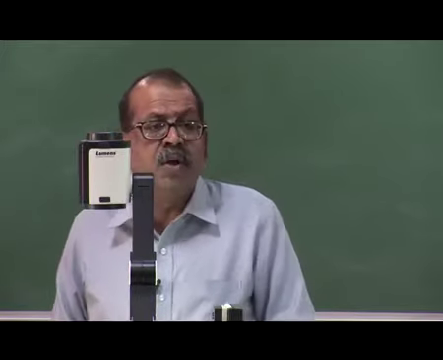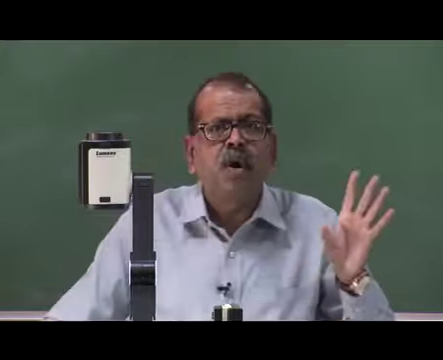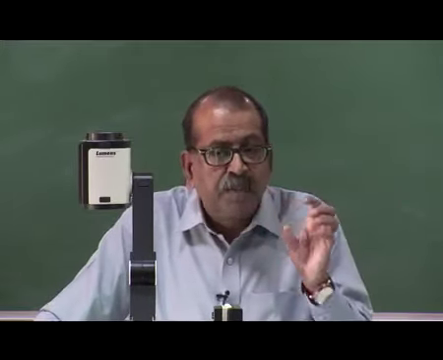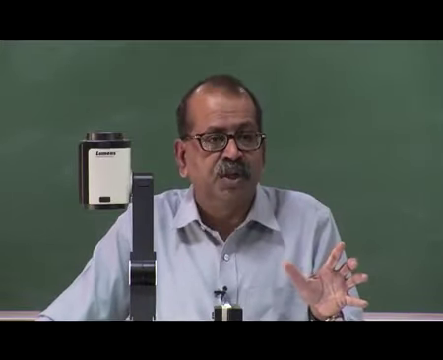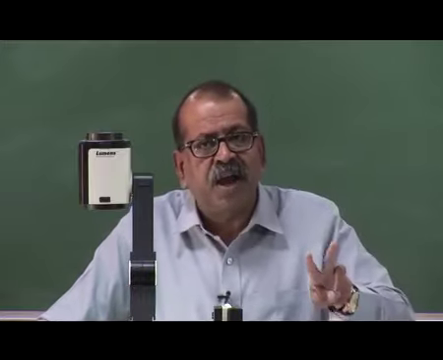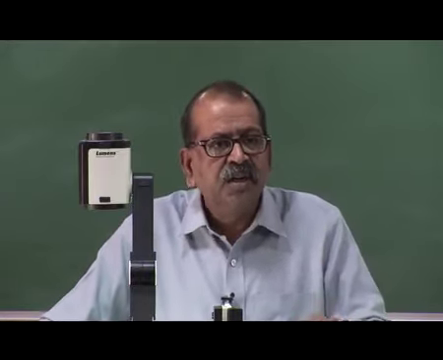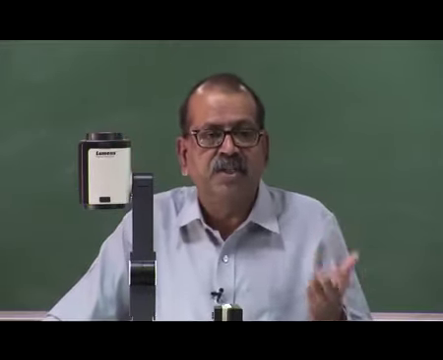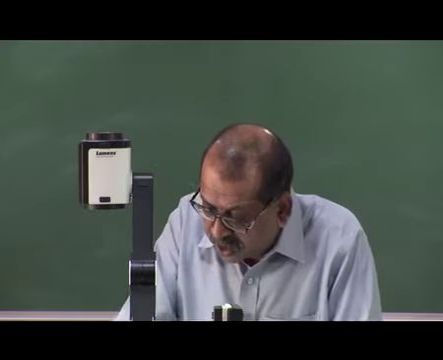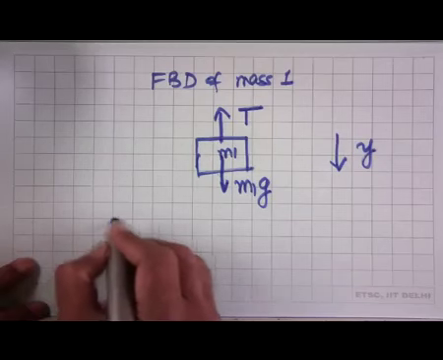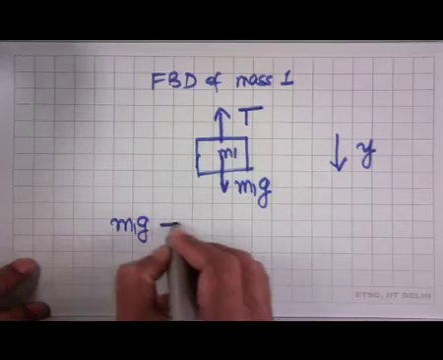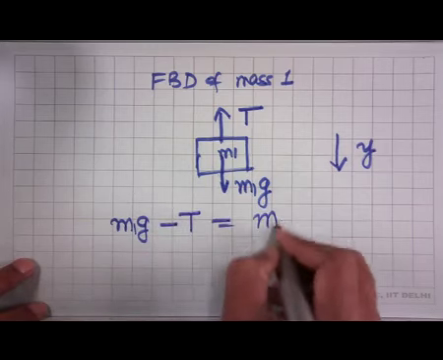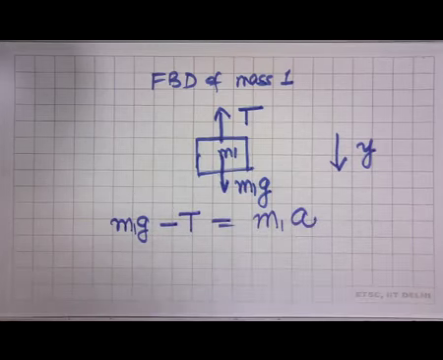In problems where you do not know the direction of the motion, you choose your x and y in a particular direction and assume the acceleration to be positive. If it is in the other direction, you will get your answer with a minus sign. So, here what I get is m1g minus T is equal to m1a.